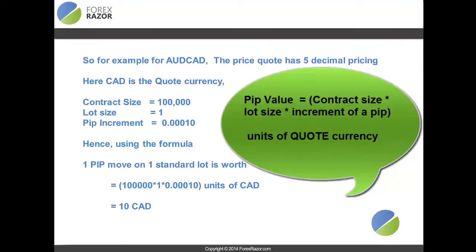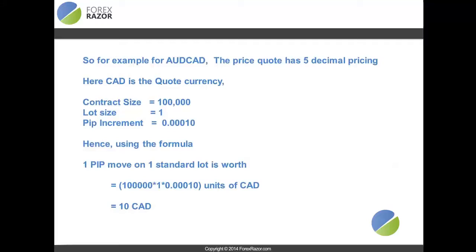Hence, using the formula, we get that one pip move on one standard lot for AUDCAD is worth 100,000, which is the contract size, times 1, which is the standard lot or the lot size traded, times 0.00010, which is the smallest increment for each pip, those many units of the code currency, which is Canadian dollars in this case. Hence, one pip move on one standard lot is worth 10 Canadian dollars.